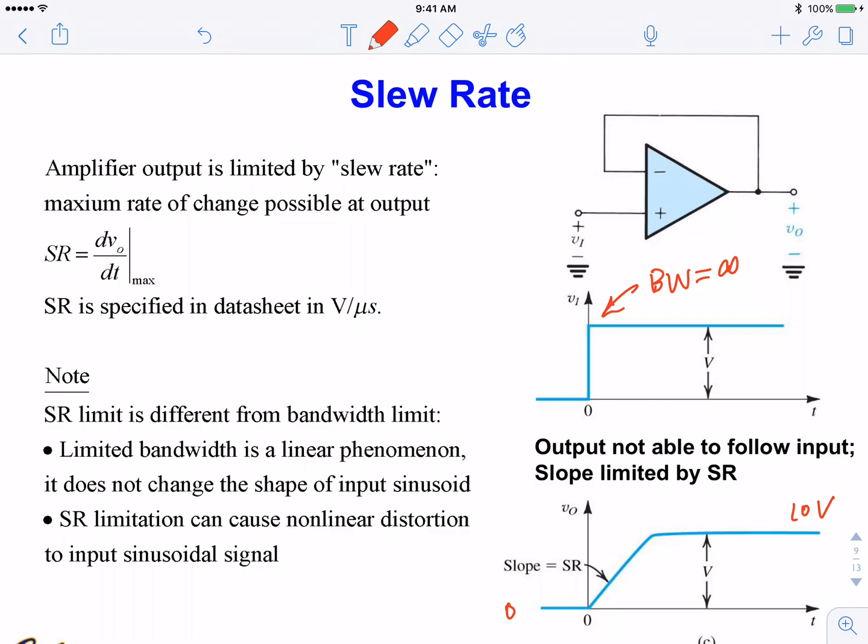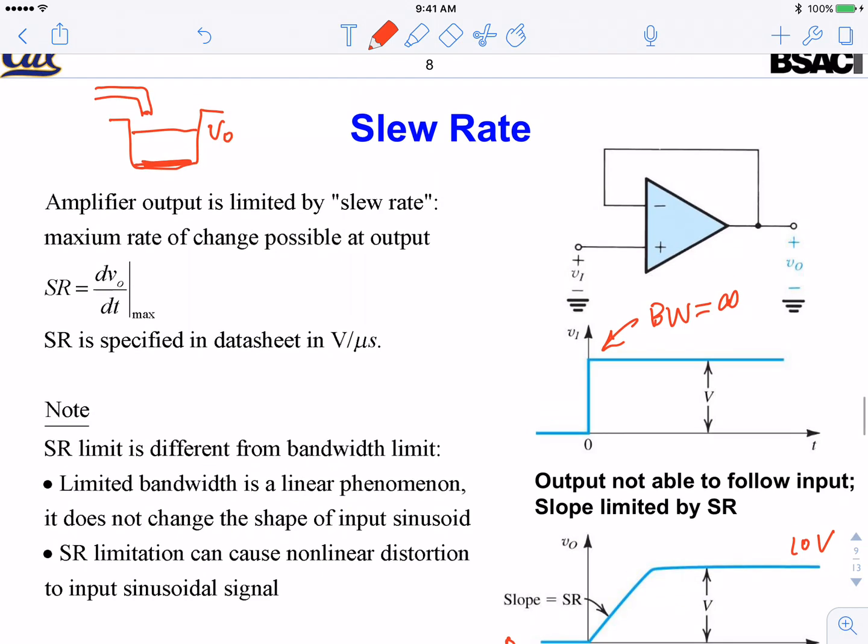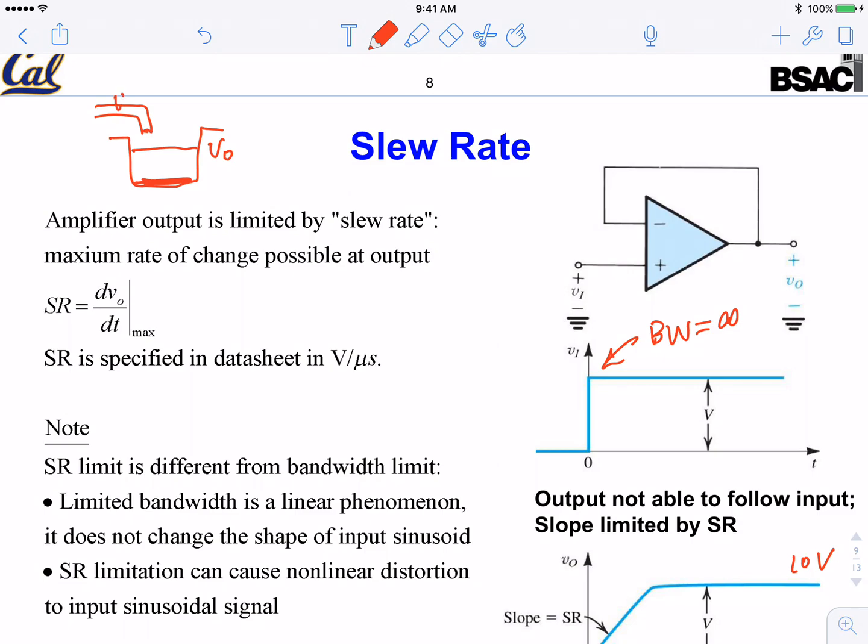Or if you want to think about voltage as water level, say you are filling a tank. Here is your output voltage, V out, but you started with very little water. Slew rate is like the maximum faucet you have, the maximum output current.